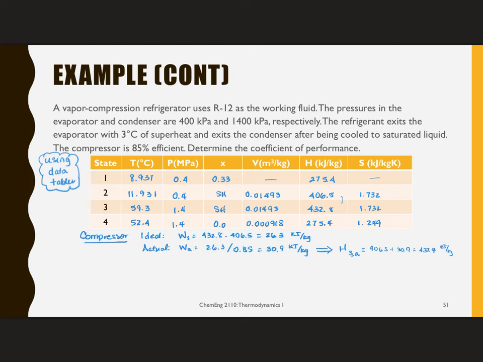Let's next look at our cold temperature, so the evaporator. The evaporator is QC, which is H2 minus H1, and in this case it is 131.1 kilojoules per kilogram. Okay, this is the amount of cooling achieved.